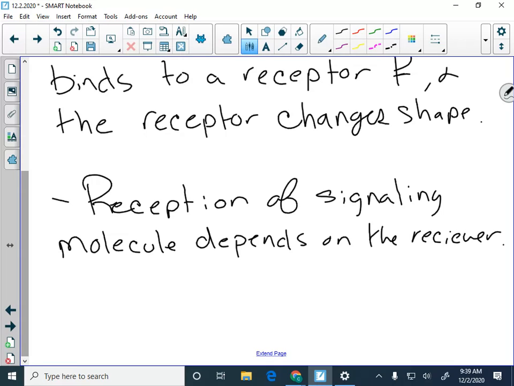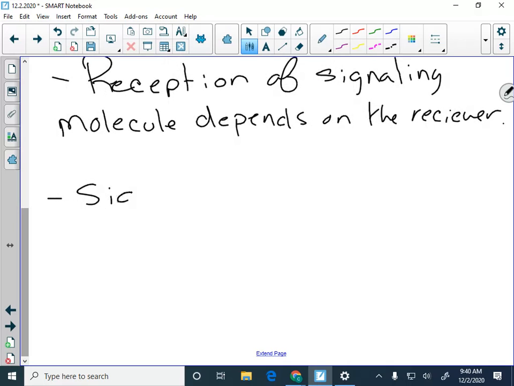Receptor molecules are super, super specific, because they have to have active sites that correspond directly to the signaling molecule, and they have to have the machinery to change shape and signal the next step. Exactly. So signaling molecules are complementary in shape to a specific site on the receptor. So they fit together just like puzzle pieces.